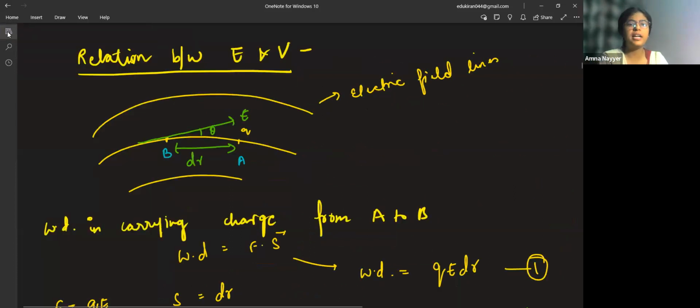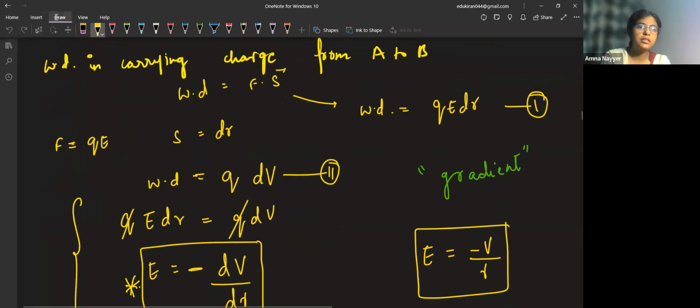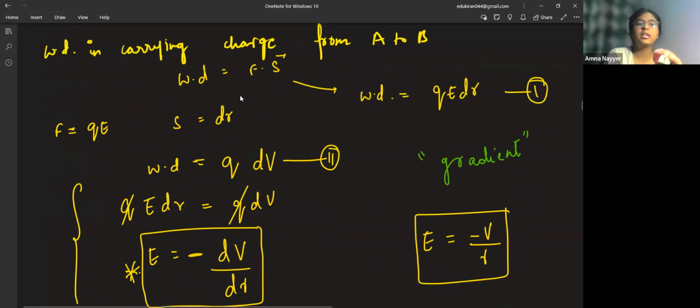The relation between electric field and potential. Didn't I tell you that this is a very important derivation? I think only Austin has done this derivation correctly, and one or two others. Most of you, why have you eliminated this charge? In this derivation, your work done is equal to force into displacement, right? So force is given as QE, charge into electric field, and distance is dr. So this is one work done.